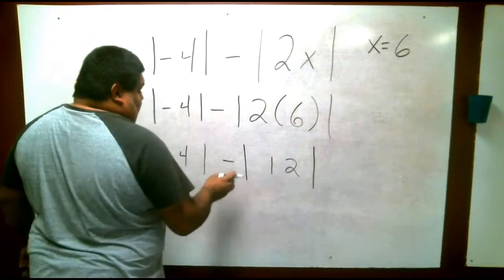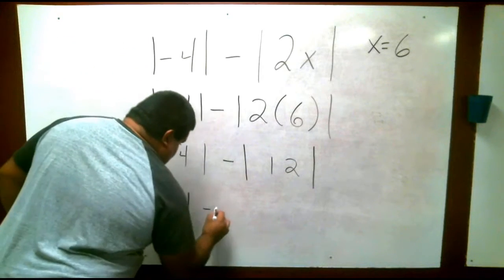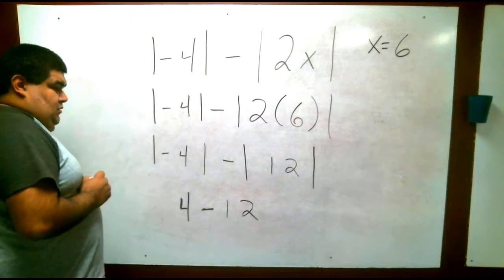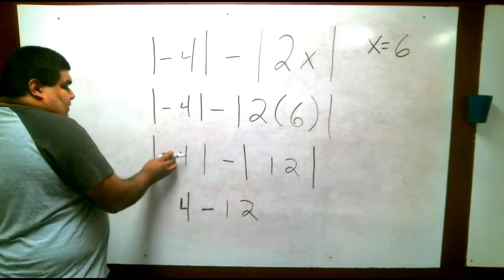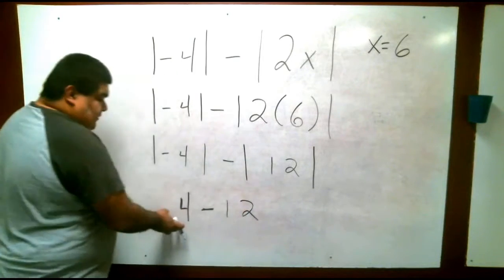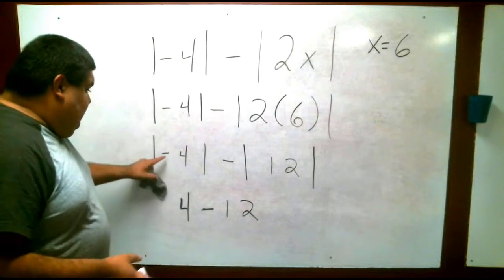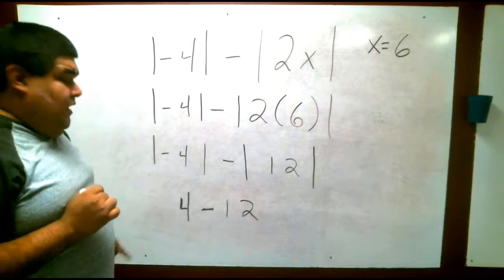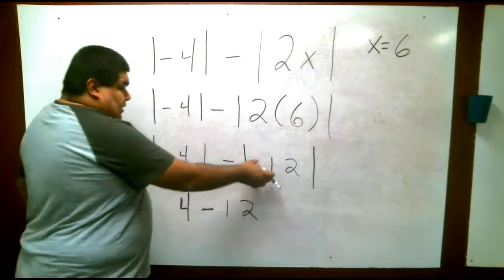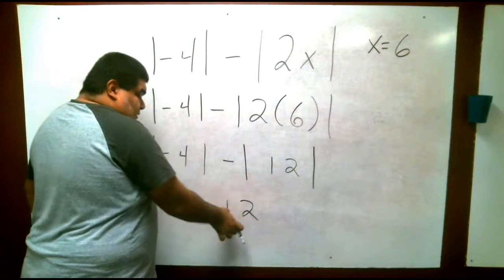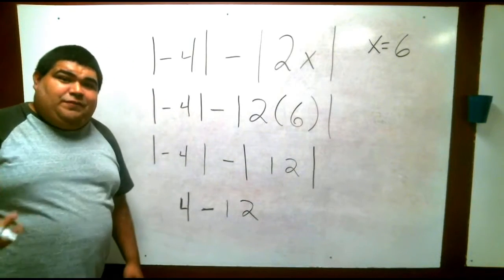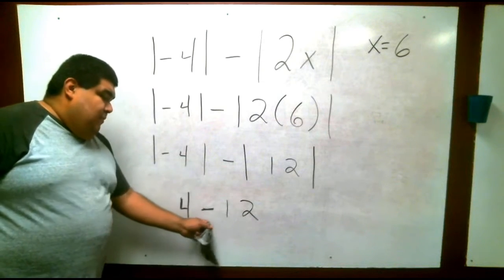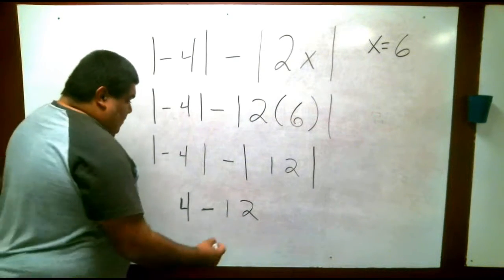Because we have a minus already out on the outside. So minus 12, okay? You might ask yourself, why do we have a negative here and a positive here and they're both positive? Because, like I said, this one was negative. You went to the right, so it became positive. Here is negative, but since you already have the negative, you really don't have to carry that negative in there from the equation. So it's just 4 minus 12, okay?